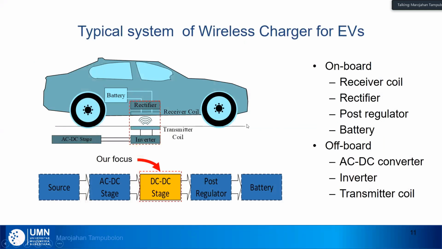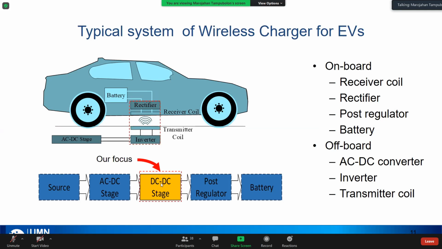The typical system of wireless power transfer can be seen in this picture. As we can see, we have some stages here. The first one is the source, and then the power goes to the AC-DC stage, then to the DC-DC stage, and then some use a pulse regulator, then it goes to the battery. So this is the unidirectional type, okay? And in this research, our focus is the DC-DC stage.